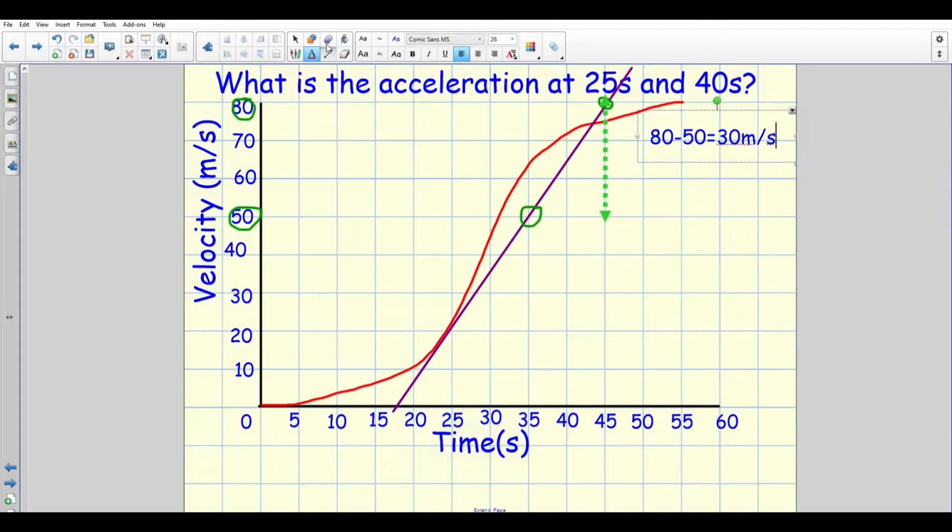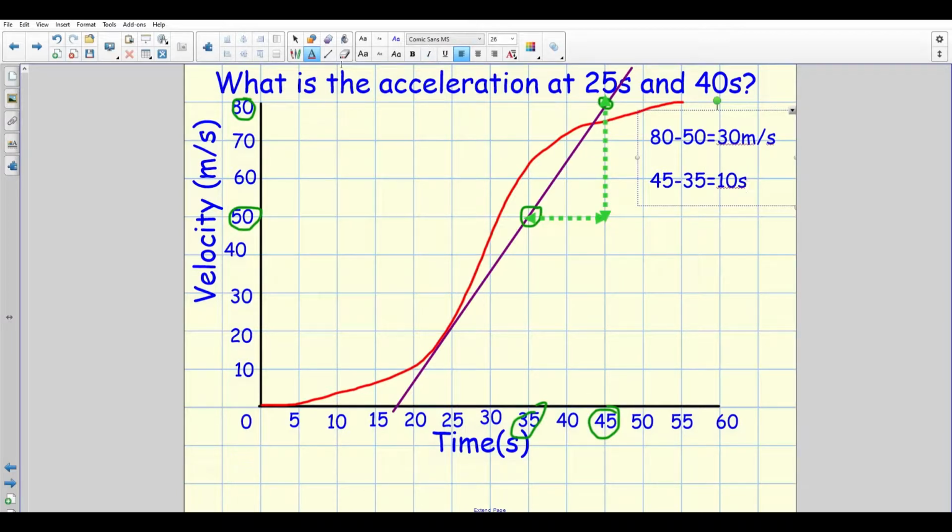Now do the same for my time. How long did that take? How much has my time changed? It's gone from 35 to 45, so 45 minus 35 equals 10 seconds.